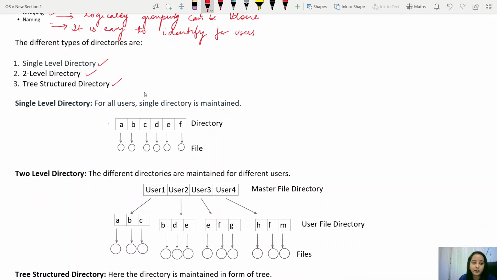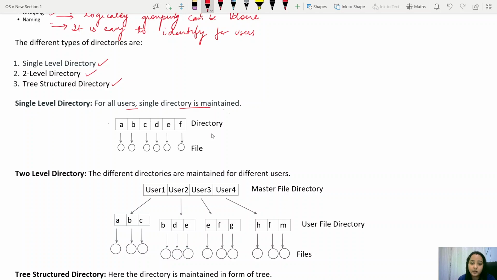First we will understand what we mean by single level directory. For all users, a single directory is maintained. Suppose this is the directory, and each entry is containing a file. Only one directory will be there for all the users. User A is accessing file B, C, D, E, and so on.